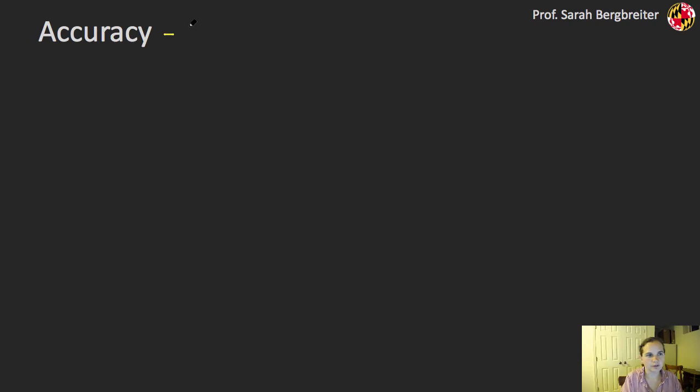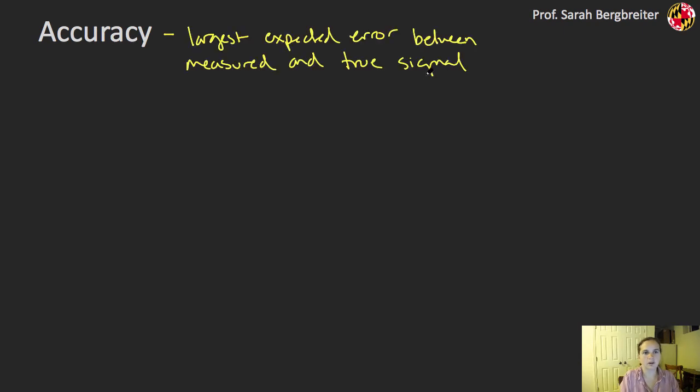The accuracy of your sensor is going to be the largest expected error between the measured and the true signal. So that error in this case we define based on, it's a statistical definition, some number of measured values minus the true value that I know something is at. So this might be kind of part of a calibration. On the data sheet, you might often see accuracy relative to that full-scale operating range.